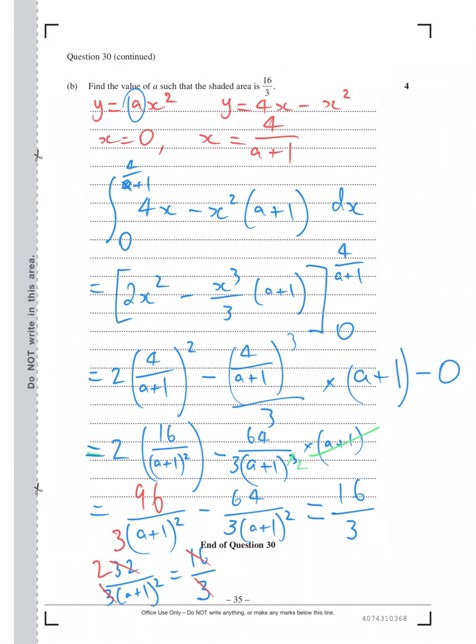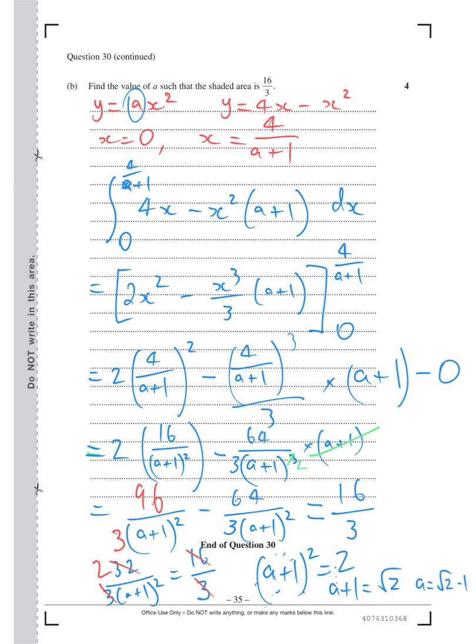So in the end, I've got something that looks like 2 over a plus 1 all squared is equal to 1. And that means that I can write that as a plus 1 all squared equals 2, which means a plus 1 is equal to root 2, and a is equal to root 2 minus 1.